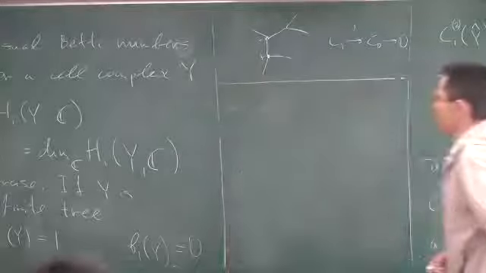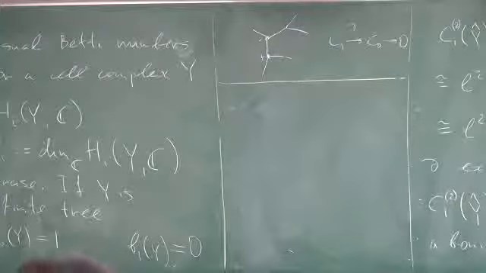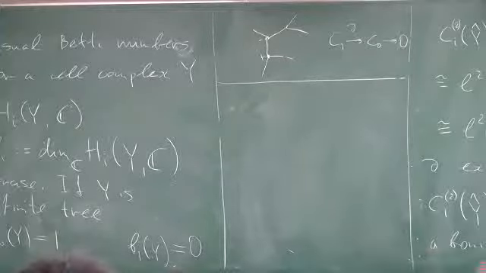Now we want to generalize this to this L2 setting. We also want to take a dimension, but the dimension we are going to take is this notion of dimension that I wrote.